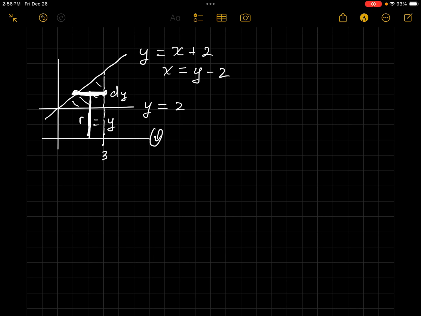because the length is always big, I'll call it L, minus small over here. So 3, that is the big x, x equals 3, minus the small x, y minus 2. And if I simplify this one, I end up with 5 minus y.